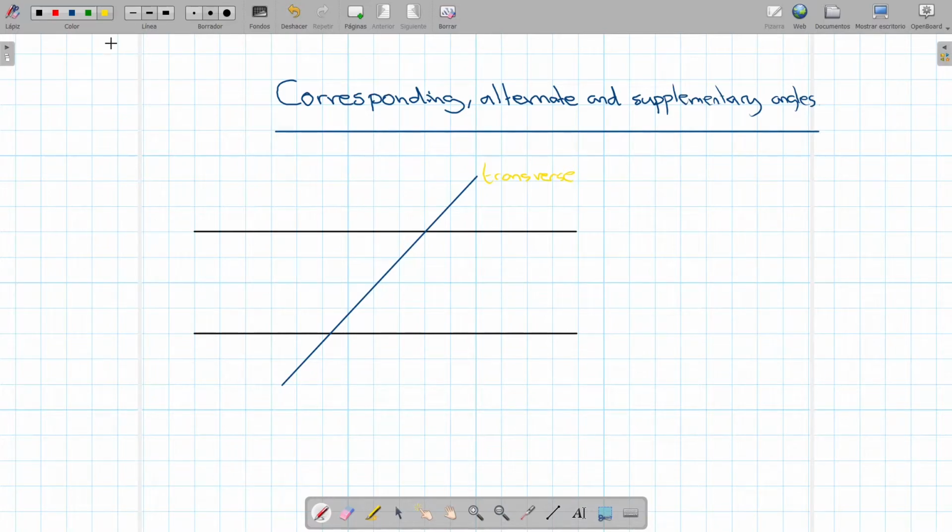There are several angles which we need to be able to work with. First type are the vertically opposite. Vertically opposite angles are equal.